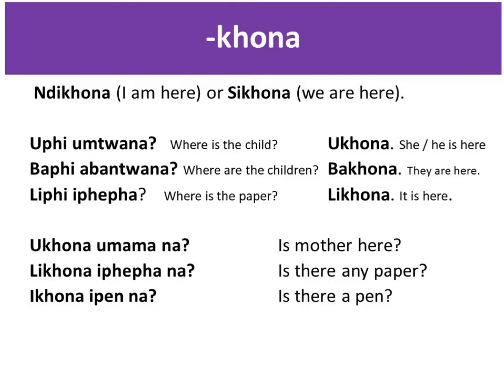Bapi abantwana, where are the children? Bakhona, they are here. Lipi ipepa, where is the paper? Likhona, it is here. And notice that we have those subject concords added to the front, referring to the particular object or noun or person that we were looking for.